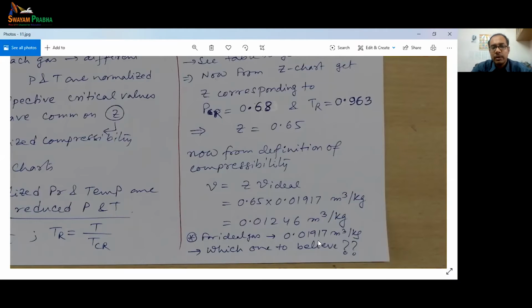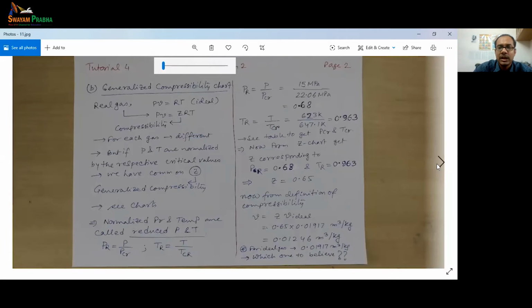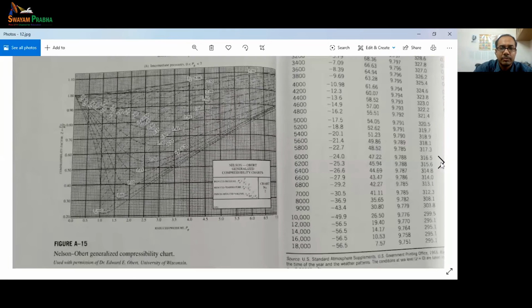So now we have obtained two values: one is the ideal gas value, which is 0.01917 meter cube per kg, and the real gas value. Now which one to believe? That's the question, and there we come to the third portion of this problem.